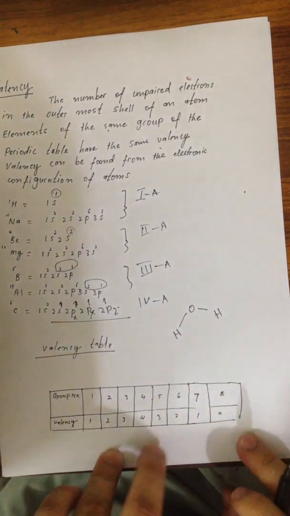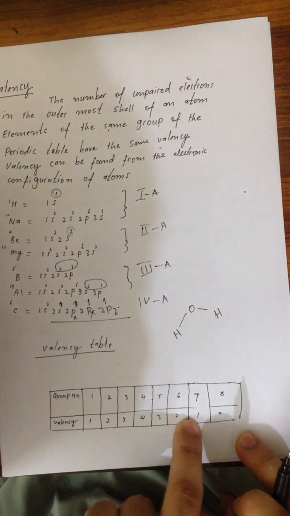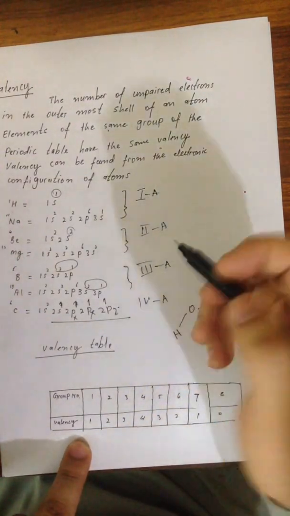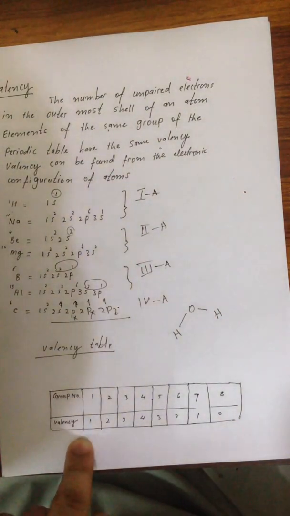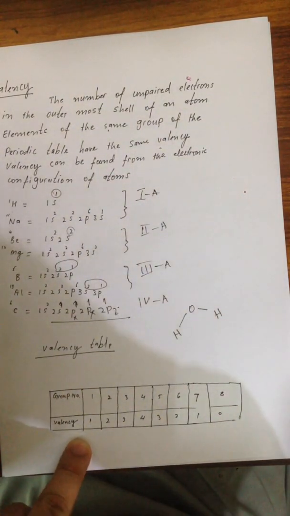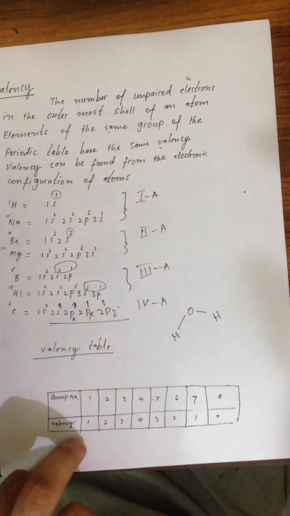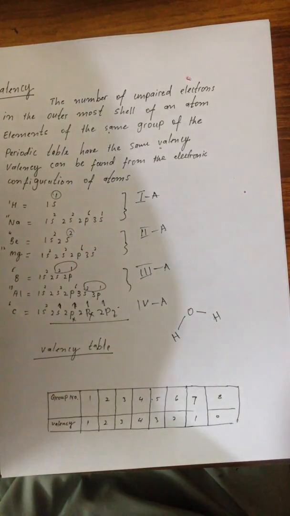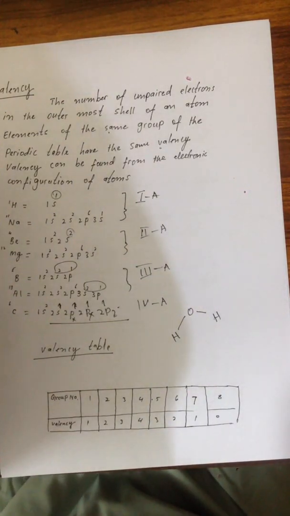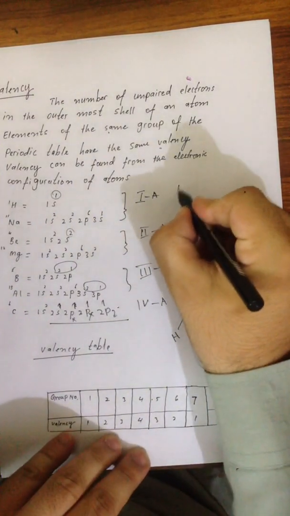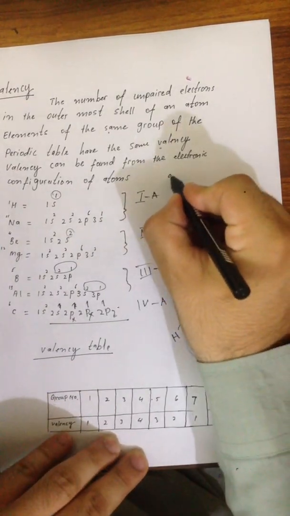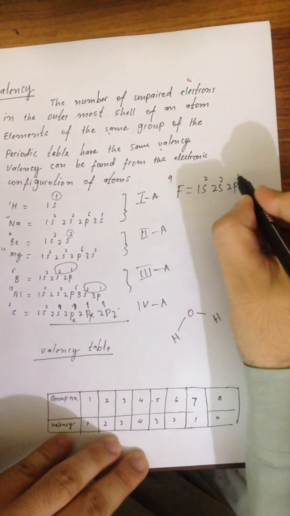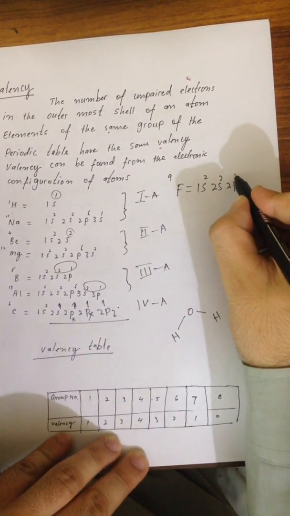If you take an element from group 7, for example chlorine or fluorine, and do the electronic configuration, what you see is that if it is fluorine, F9, it is going to be 1s2, 2s2, 2p5.